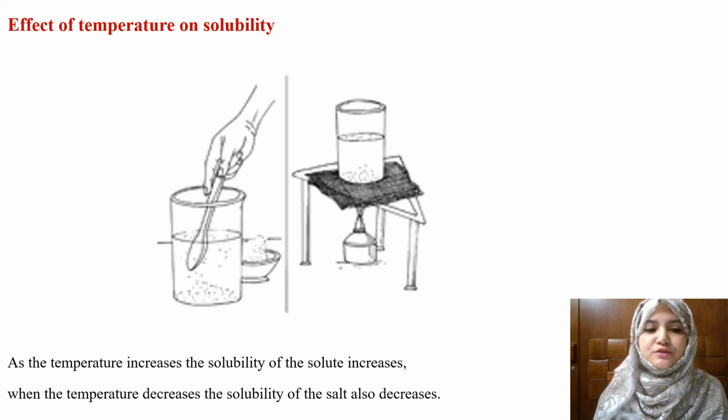Okay, start precipitating, that means start crystallizing out of the solution. That means start gathering out of the solution at the bottom of the container. So this is the effect of temperature on a saturated solution.